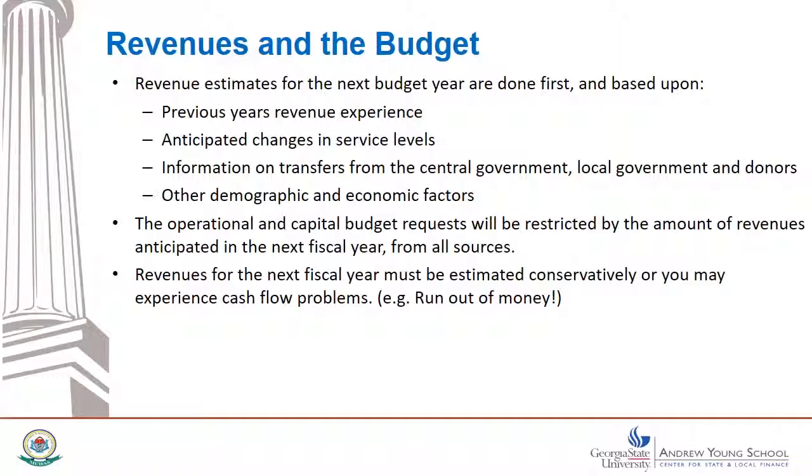We'll investigate this in more detail in the forecasting module. The expenditure side of the operational and capital budgets will be restricted by the estimated revenues. These revenues must be estimated conservatively, or the lab may experience cash flow problems, meaning it may run out of money.